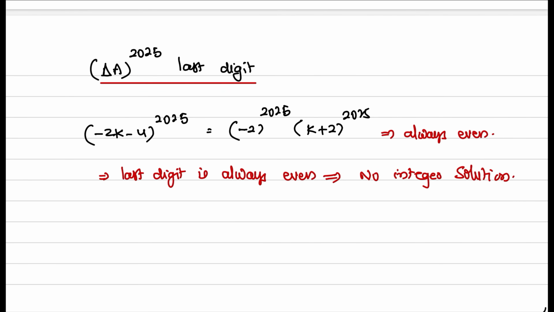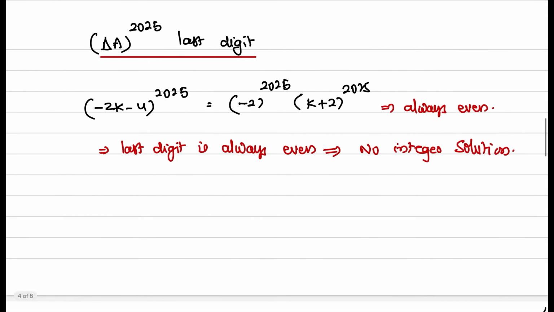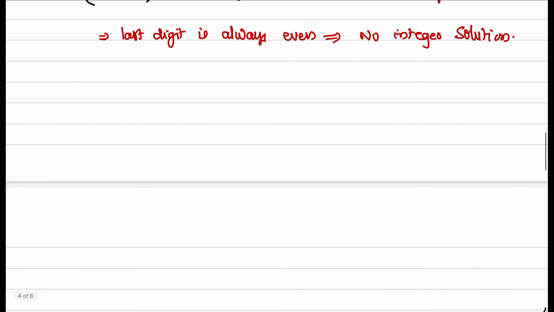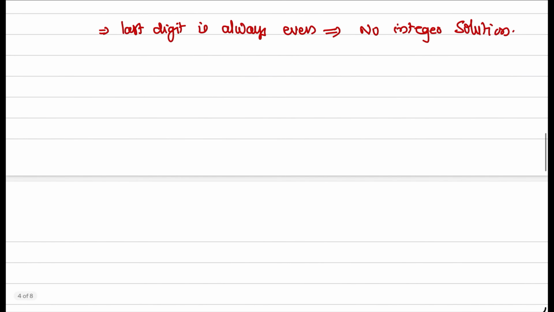But we have never given any condition that k should be an integer. Now let us try to find out if there is any rational number, real number.